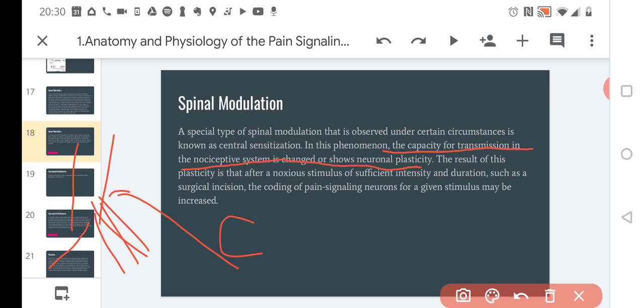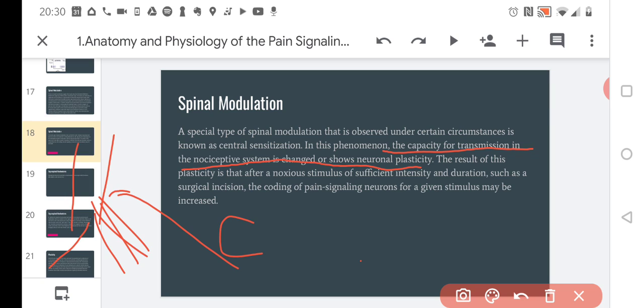So the modulation caused by central sensitization will generally increase perceived pain, although the transduction will be the same. The central modulation may increase the pain that we feel, although no new problem is happening.